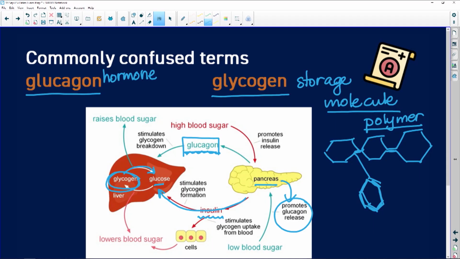The glucagon is going to convert glycogen into glucose. It's going to instruct the cells of the liver, also some cells in your skeletal muscles, to convert that stored energy into easily accessible energy found in the monomers.